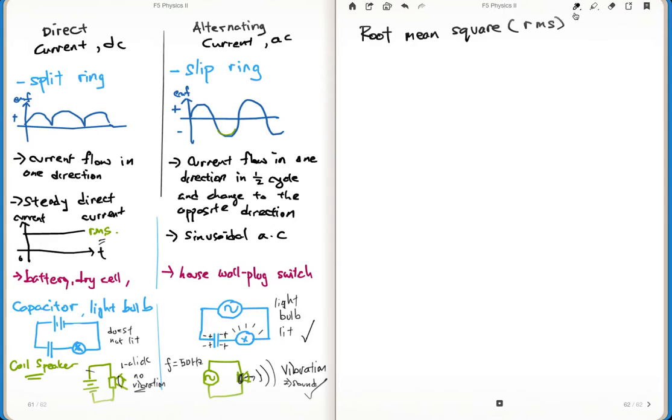Now root mean square, it's actually the average value for your induced current. Okay, why is that so? How is it possible?